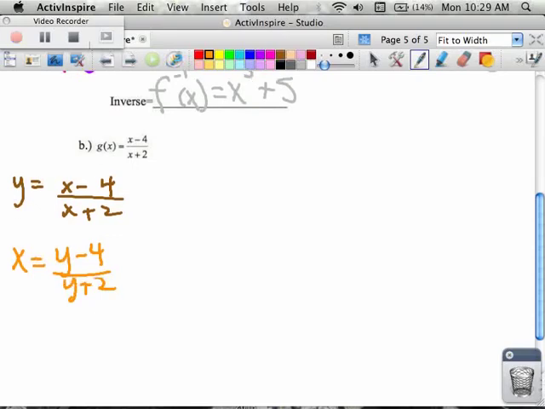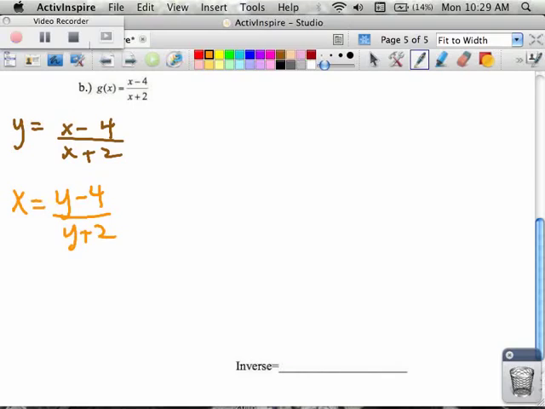In order to get rid of the fraction to begin with, I'm going to multiply both sides by y plus 2. The whole point of multiplying the right side by y plus 2 is that those y plus 2's reduce. They're gone. Now we don't have any fractions.